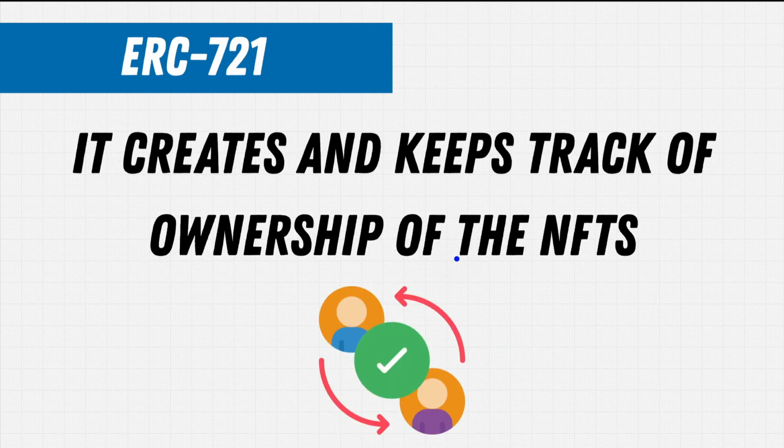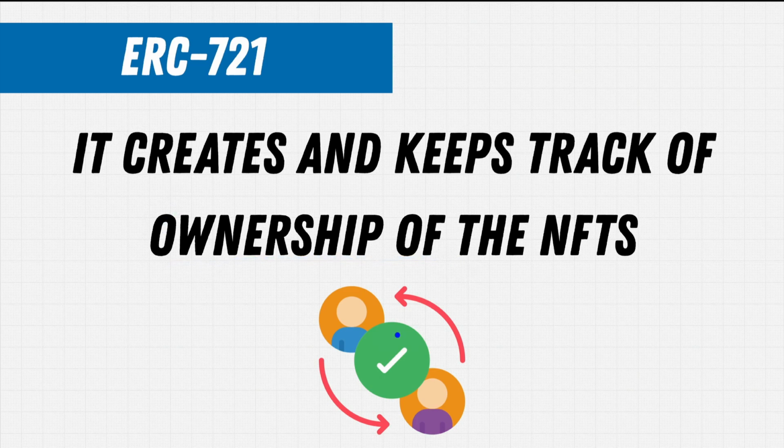So this type of smart contract creates and keeps track of ownership of the NFTs that it has created. So when you transact with a smart contract that was based on 721, you know that certain principles have been followed to ensure your ownership of what you're purchasing against that smart contract.